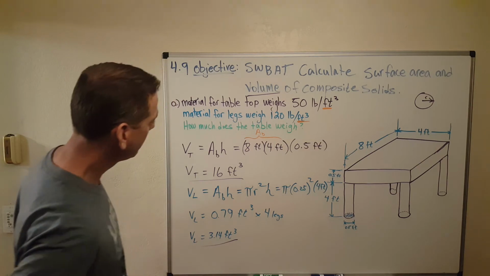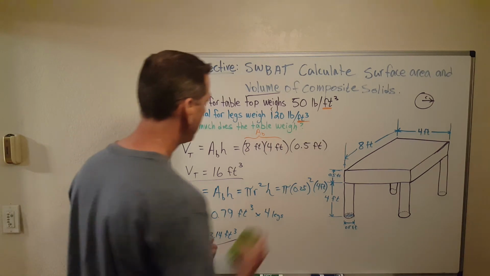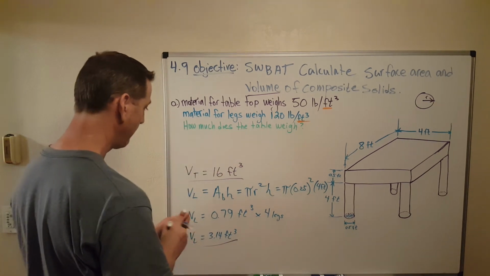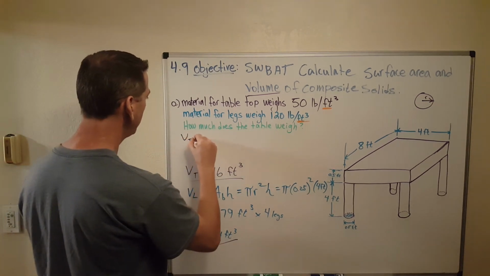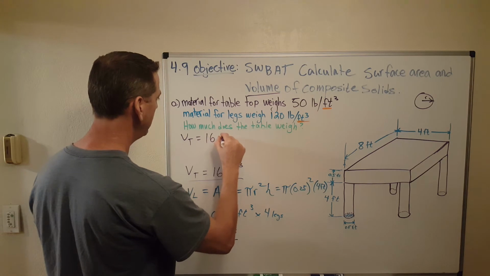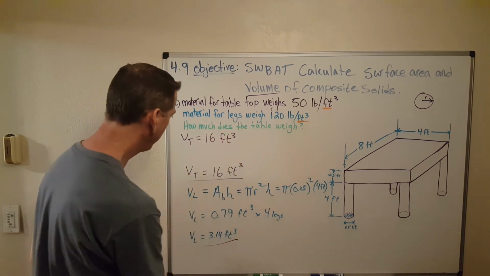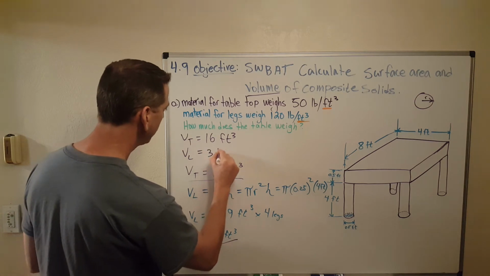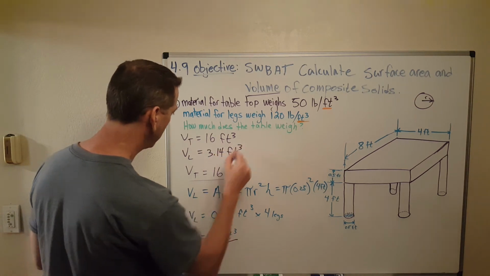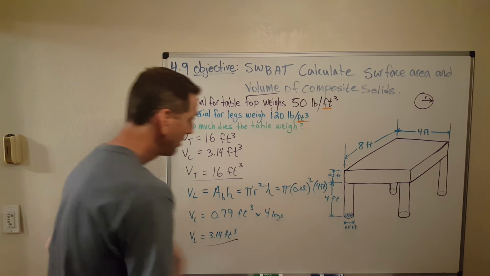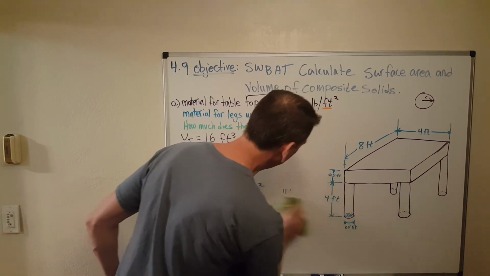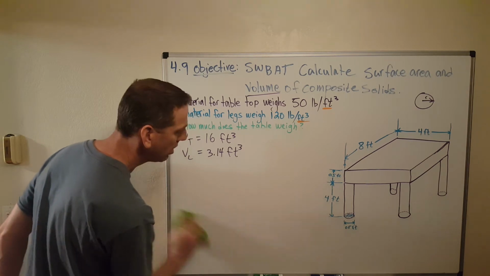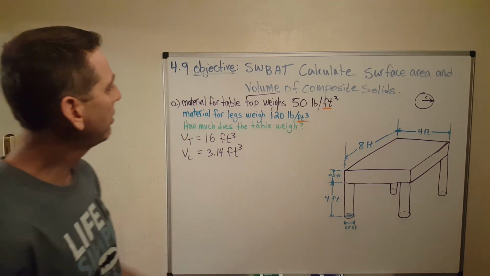Okay, so let me do this. The volume of our tabletop is 16 cubic feet, and the volume of our legs is 3.14 cubic feet. I'll erase all this because I don't have space on my whiteboard. Okay, we've got our answers there.